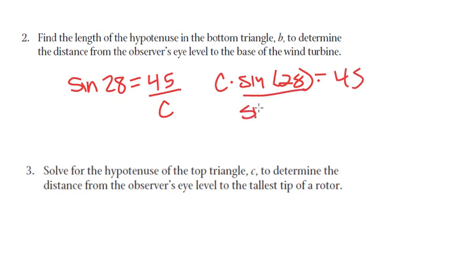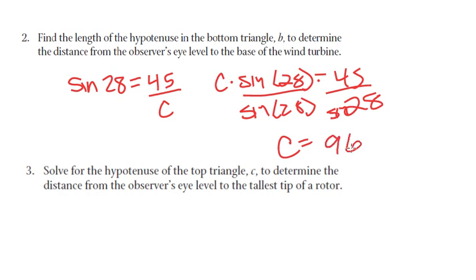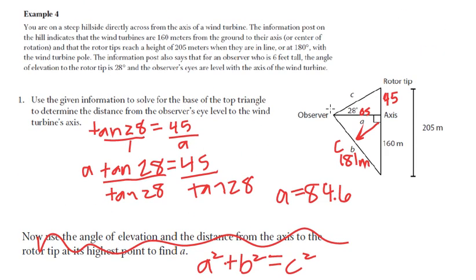So I know I can divide by the sine of 28, and that gives me the value of C there, which rounded to the nearest meter is 96 meters. So we go up here, and we know now that the value here is 96 meters.